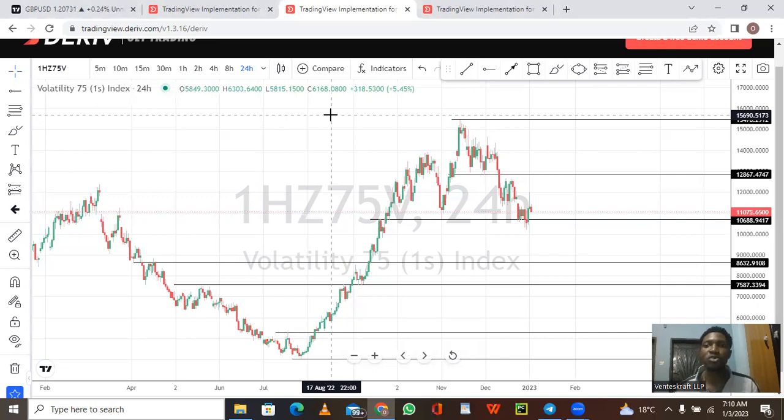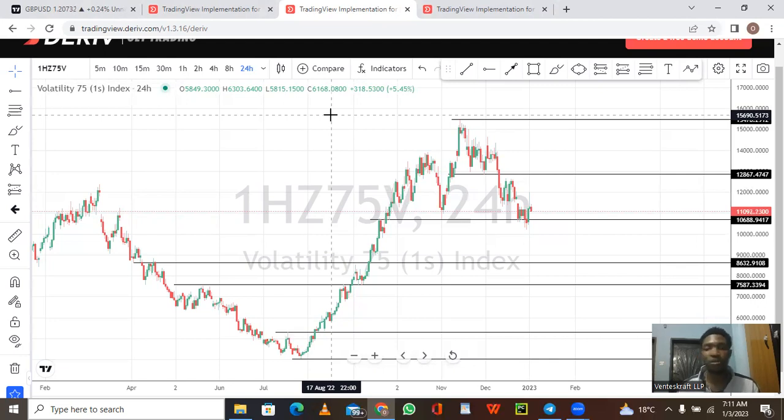Although there are structures on the lower time frame, the higher time frame structure, most of the time, if I am not being biased, plays a more significant role than that of the lower time frame. So you need to understand what the higher time frame, like I said, the 4 hour, the daily, is telling you before you can navigate down to the lower time frame.